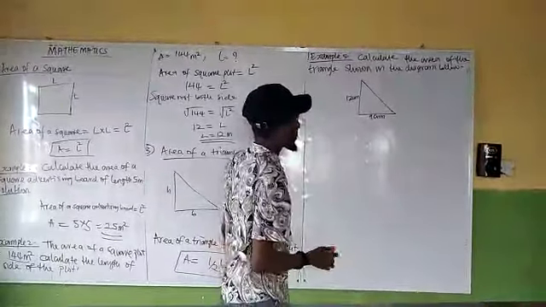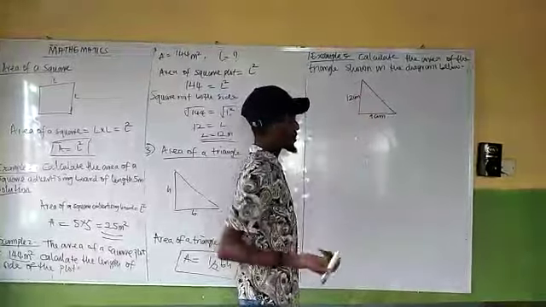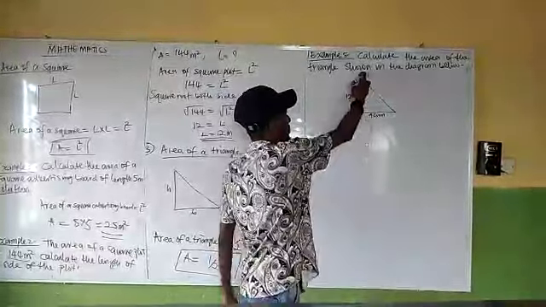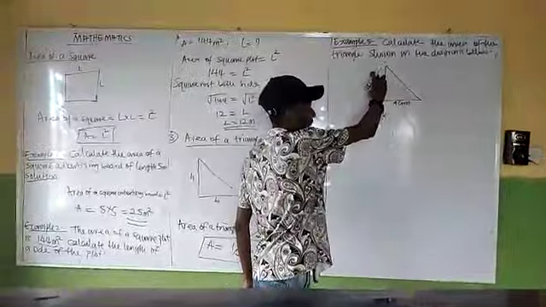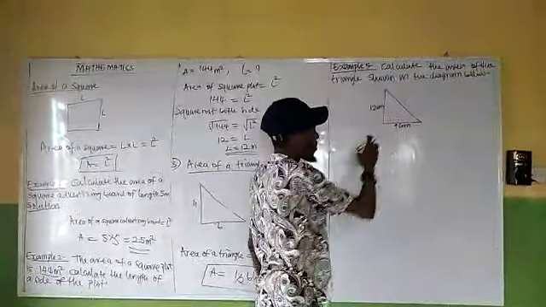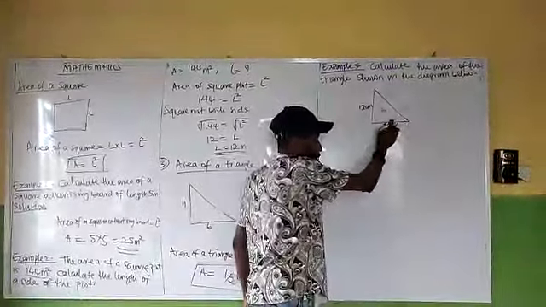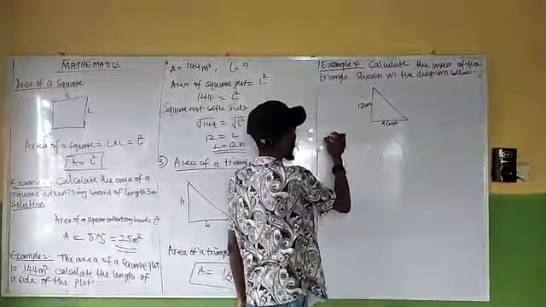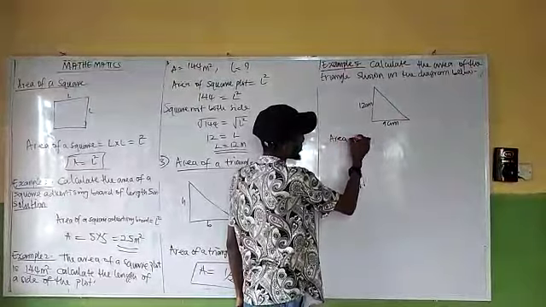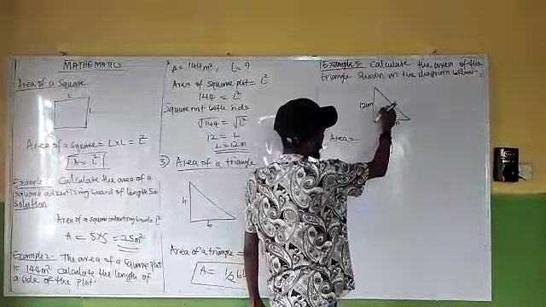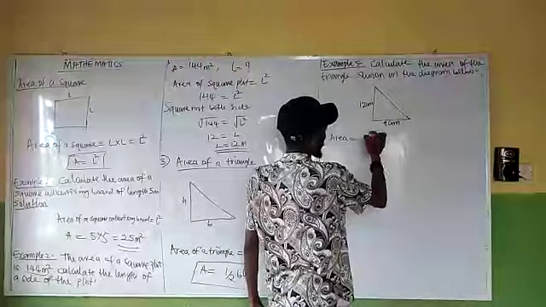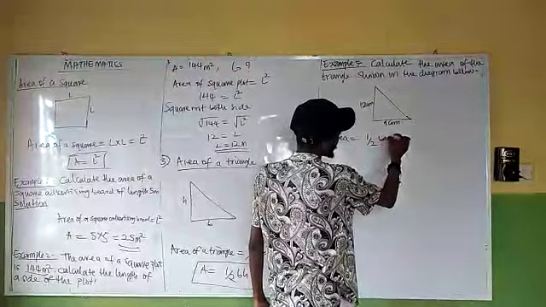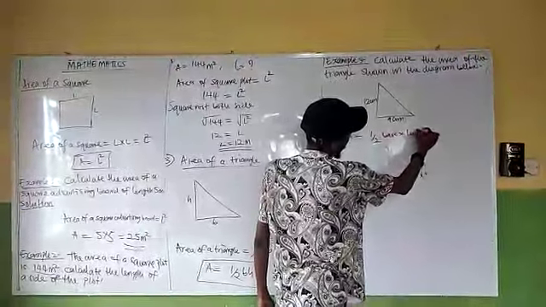So how do you determine the area of this triangle? It's very simple. Remember, the length from here to this side is called our height, while the length from here to this side is called the base. So the area of the triangle will be half base times height.